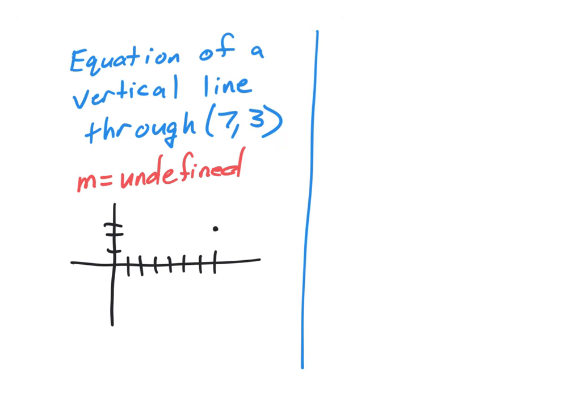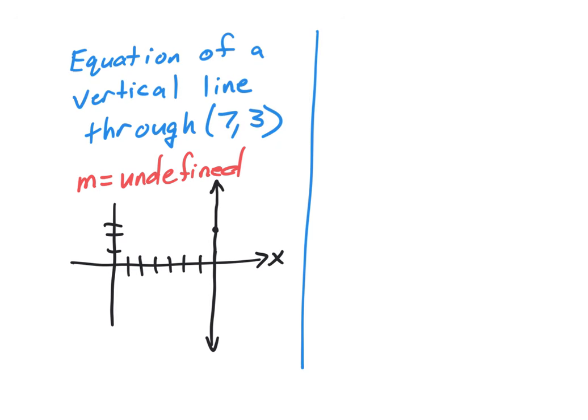If I have the point 7, 3 sitting out there in space, and I have a vertical line that goes through that point, that's what we're talking about. Getting a visual of what's going on here, this line crosses the x-axis at 7.